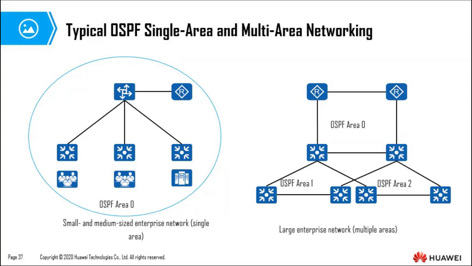So for this network to be able to expand, at the core layer you configure those routers to be area 0, because all the aggregation layer routers or layer 3 switches are going to connect to these routers. So these other routers can now belong to other OSPF areas. So that is what is being shown there.